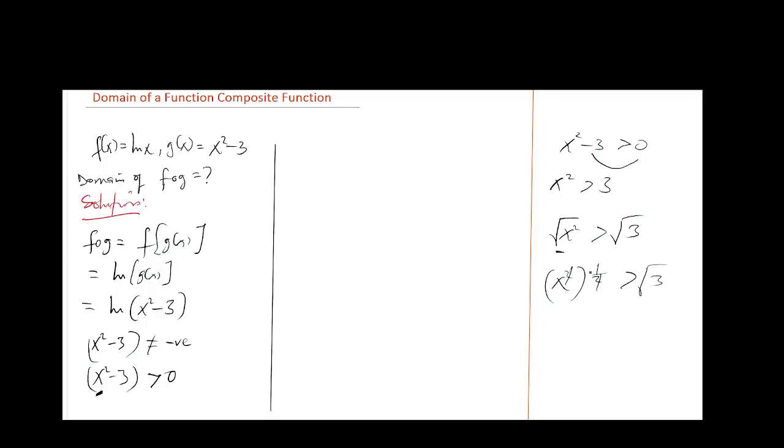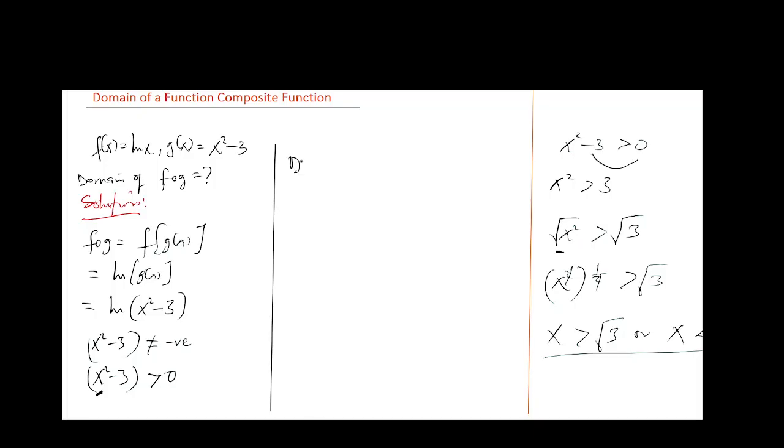This will cancel this if we expand, and we are going to have that our x is greater than root 3, or we can say our x is less than minus root 3. Now we have the values for x. We can go ahead to write the domain.